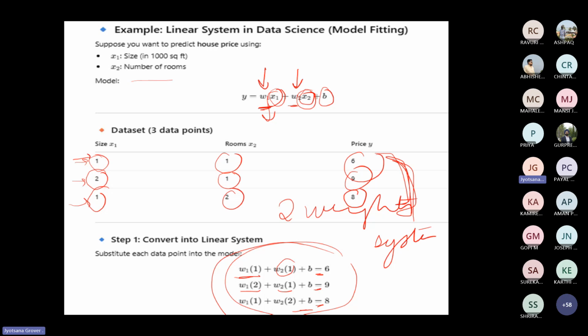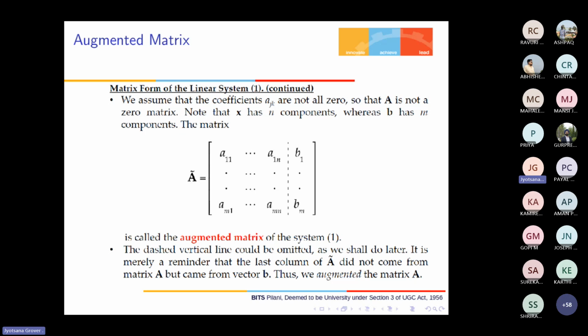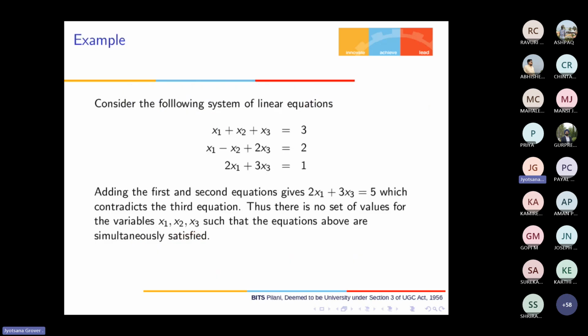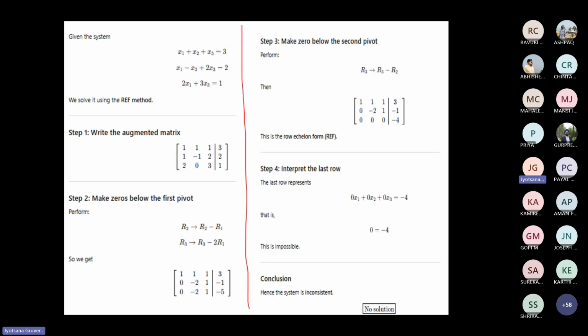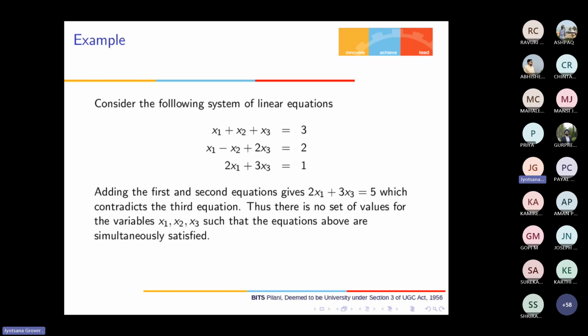Your target is to find W1, W2, and B, and the system of linear equations will help you get these values. We saw that in the last class. Now I told you how this system is inconsistent.